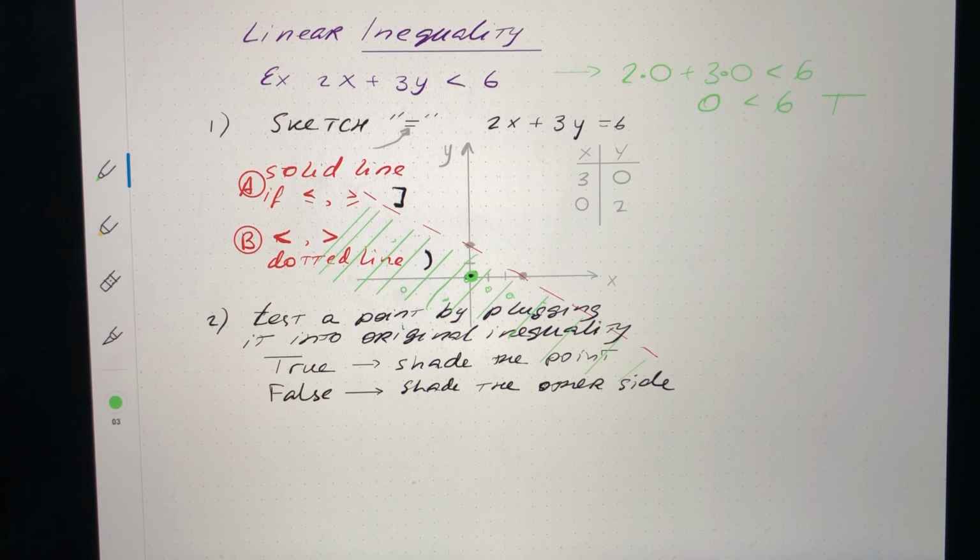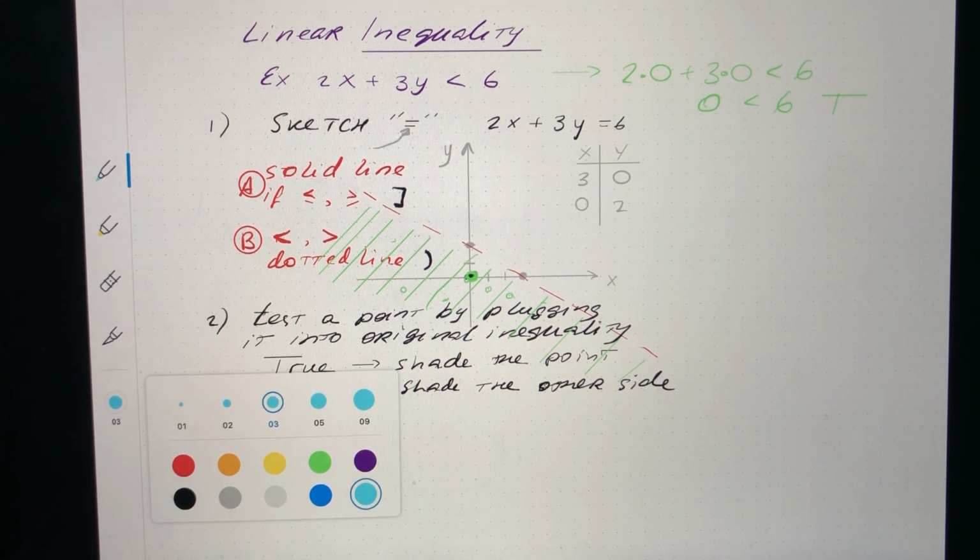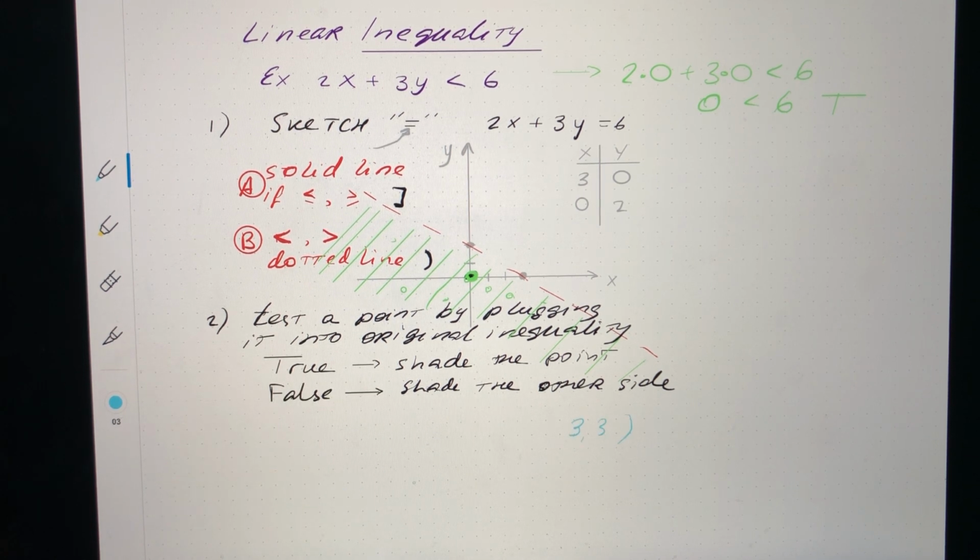Now, just for the sake of example, suppose we picked a different side. Let's say we chose the point 3, 3. Now 3, 3 is here somewhere: 1, 2, 3, and then 3 units up, 1, 2, 3. So this point. Now if we chose this point and plugged it into our original inequality, what would we get?